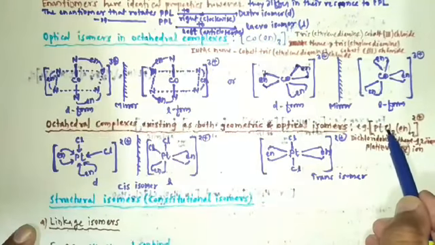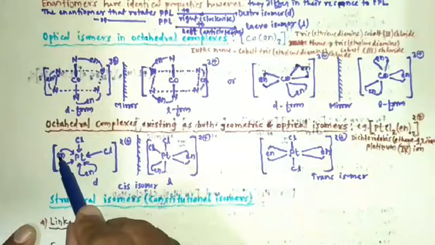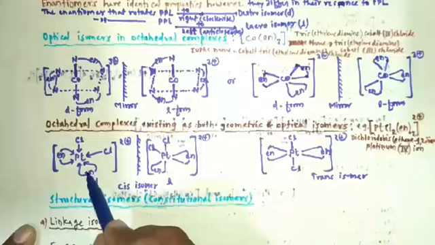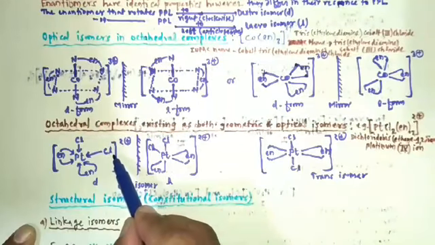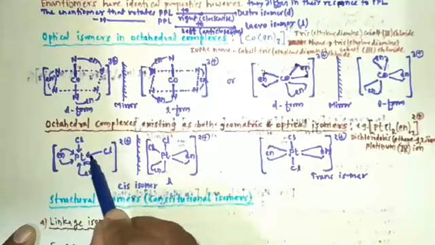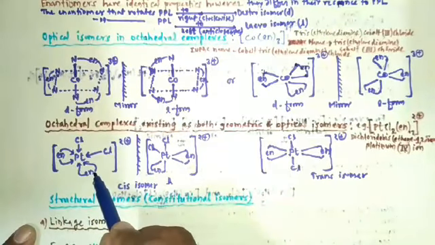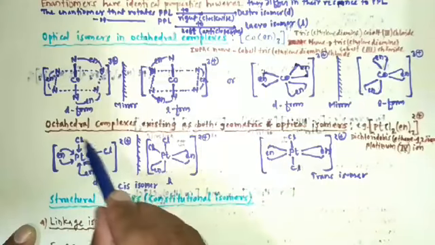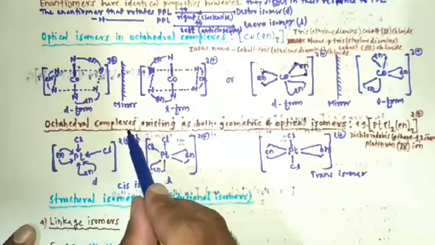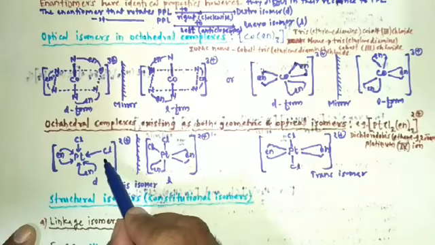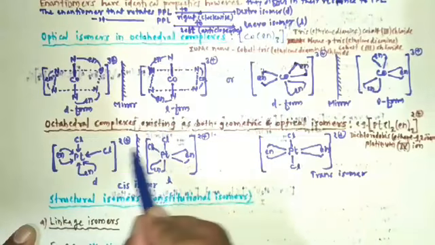We are considering this example. In this example, these two are the bidentate ligands, and these two are the monodentate ligands. An octahedral complex with 2 bidentate ligands and 2 monodentate ligands shows optical isomerism because their mirror images are non-superimposable.